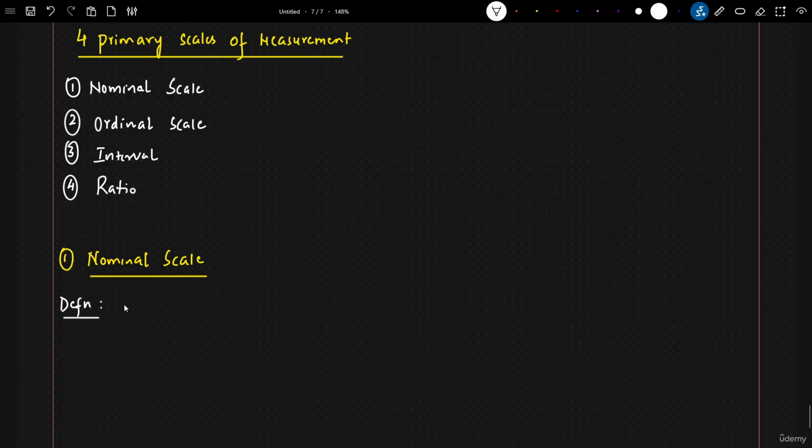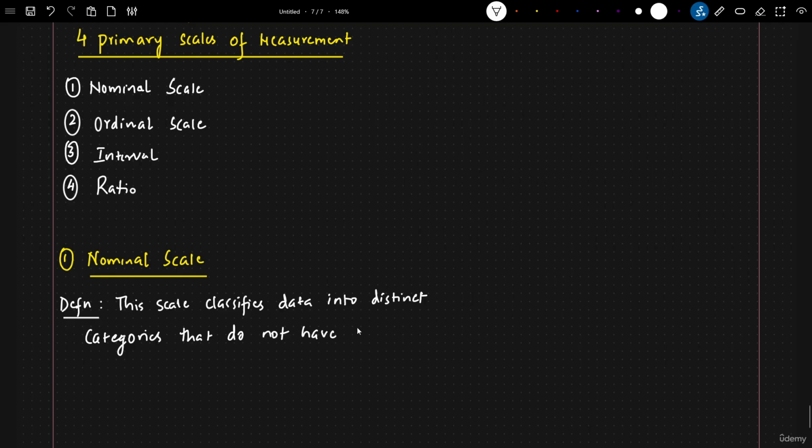The definition of nominal scale is this: this scale classifies data into distinct categories that do not have an intrinsic order.